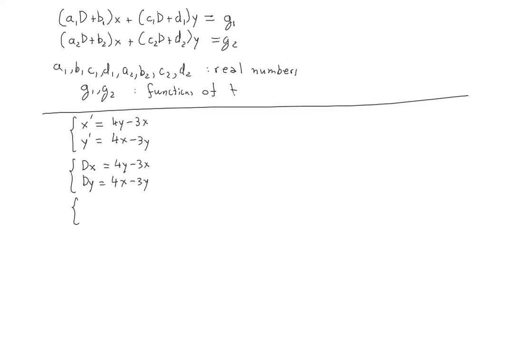And then I would like to rewrite this as (D plus 3) times x minus 4y is equal to 0, and minus 4x plus (D plus 3) y is equal to 0. Okay, so now it's written in a more classical way. Any questions, please?